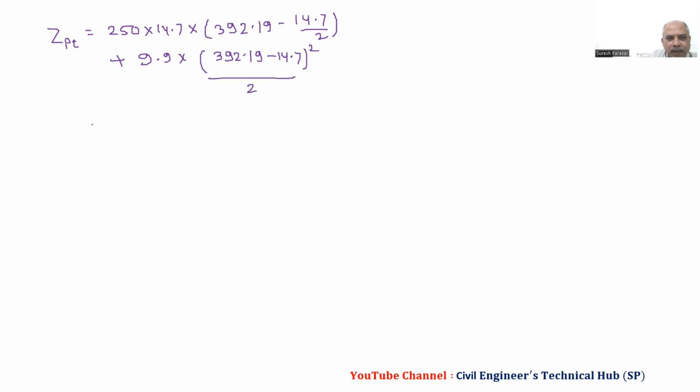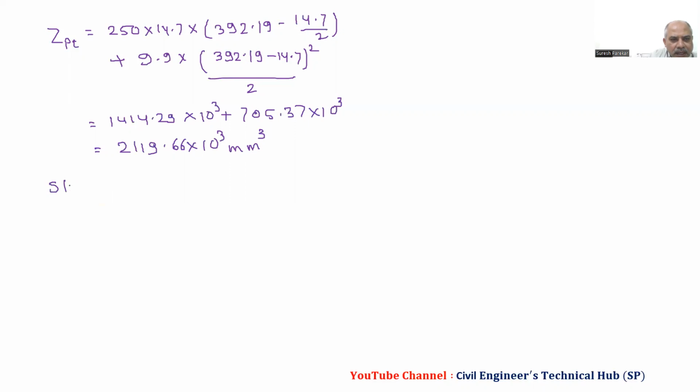And then I will write this value separately again. 1414.29 into 10 raised to 3 plus 705.37 into 10 raised to 3, and we have this value 2119.66 into 10 raised to 3 millimeter cube.